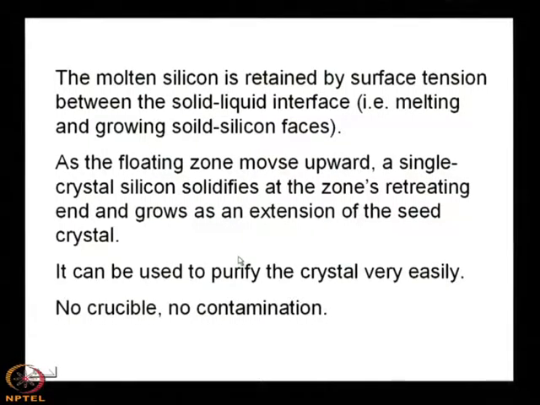We use this purification term because you see that when the crystallization takes place, generally all bulk crystal is made using the melt growth process. That means, first the material is melted and then it is pulled using a seed crystal.